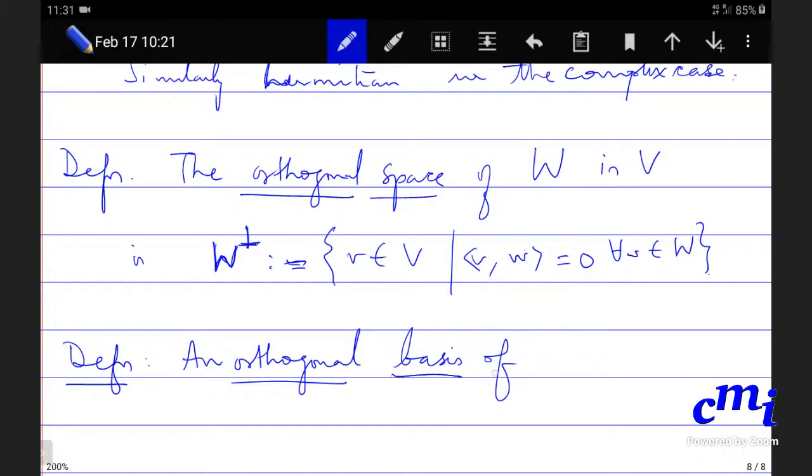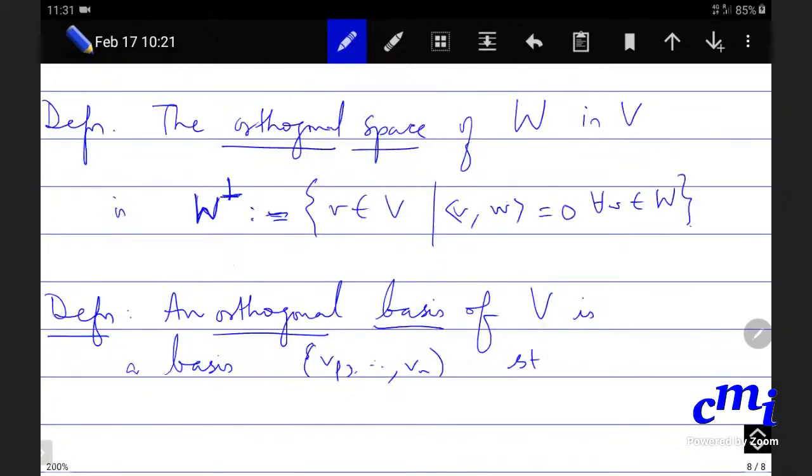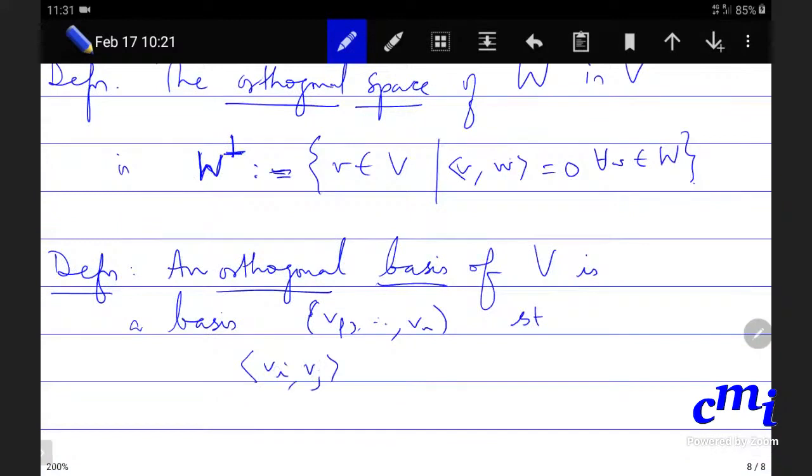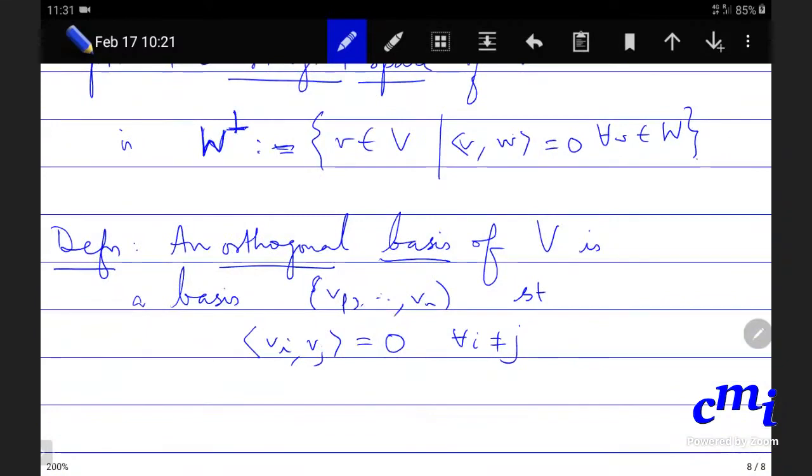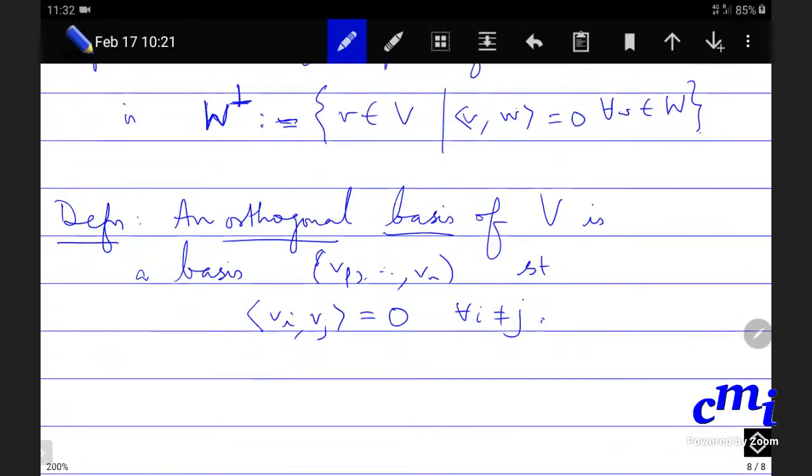An orthogonal basis of V is a basis V1 through Vn such that Vi, Vj is 0 for all i different from j. So this is a basis in which the vectors are pairwise orthogonal. We'll worry about orthogonal bases and what the matrix looks like in a little while.